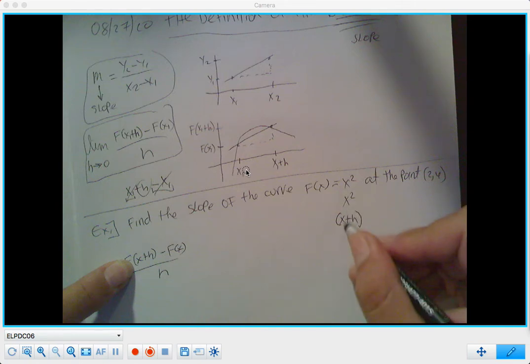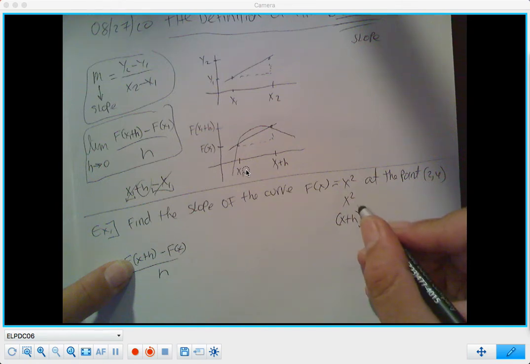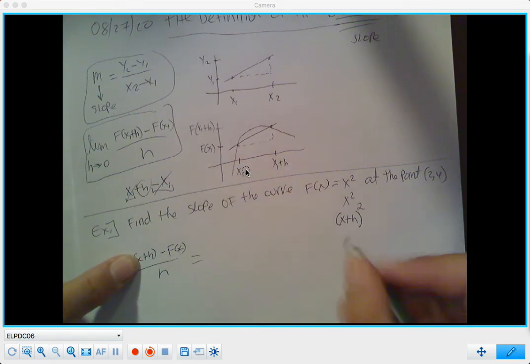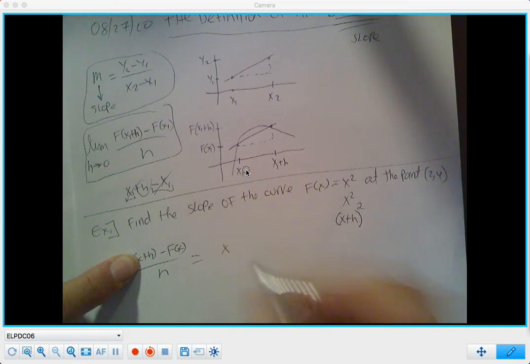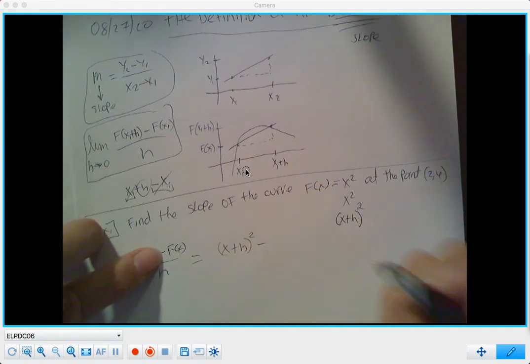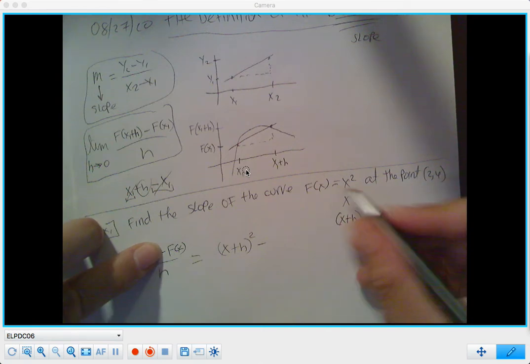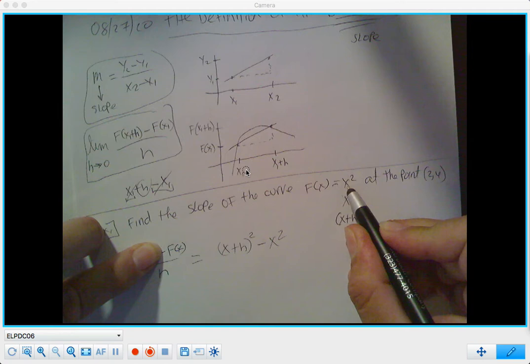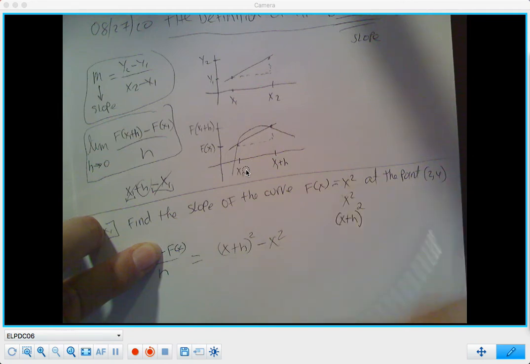So our x would become this, and then you still have a square, so you put it here. So instead of f of x plus h, we're going to put x plus h quantity squared minus f of x. So f of x is just x squared, so you put it here. And then the denominator is just h.